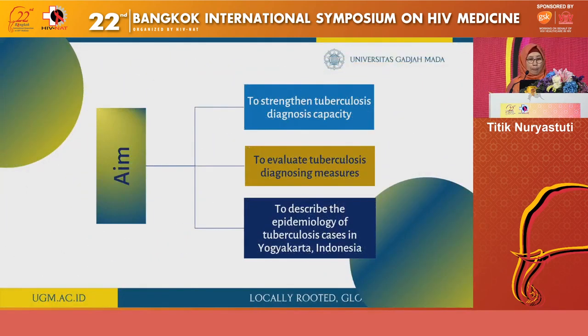Therefore, there is an urgent need to strengthen tuberculosis capacity in our province. So our study aimed to strengthen tuberculosis diagnosis capacity, to evaluate tuberculosis diagnosis measures, and also to describe the epidemiology of tuberculosis cases in Yogyakarta.